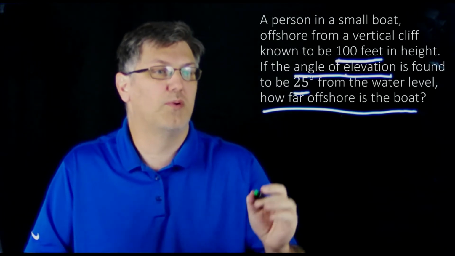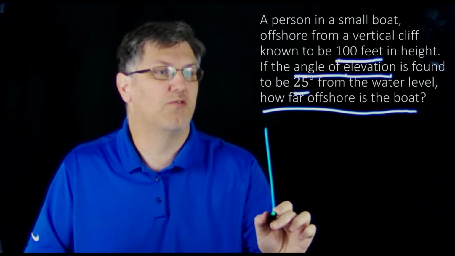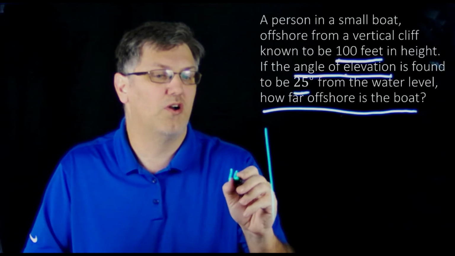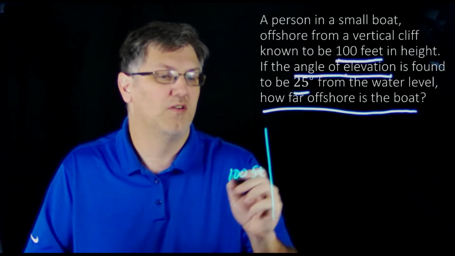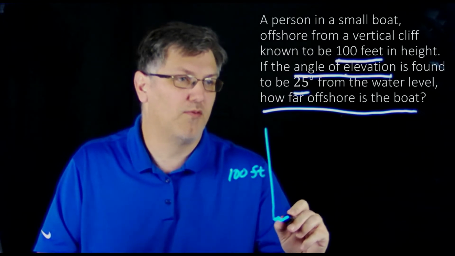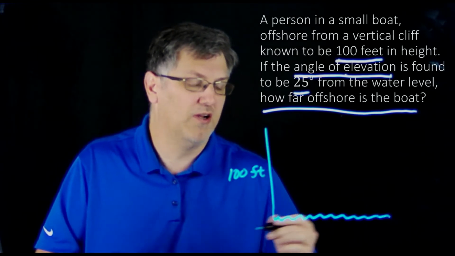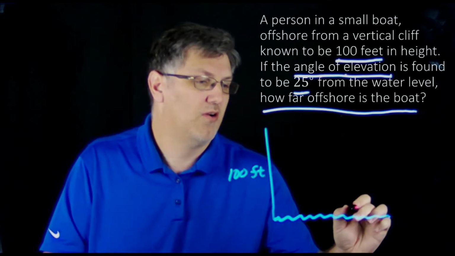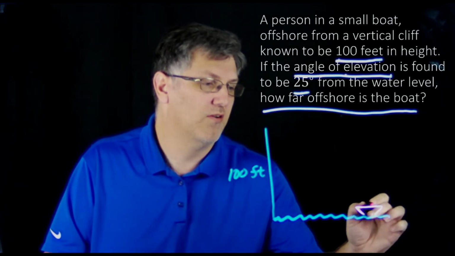So let's draw the picture. I have a vertical cliff right here. That vertical cliff, they said, is 100 feet. Then we have, it's at the bottom of the water here, so we have water right here. And then we have our little ship out to sea right here.